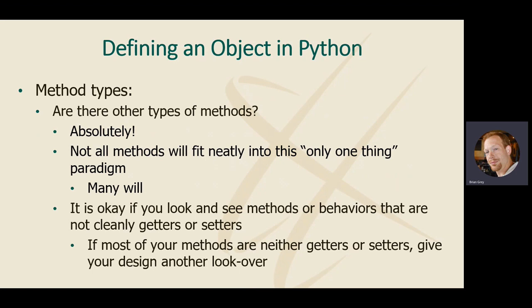Refactor means to redesign code in a way so that the outward behavior doesn't change. So I might need to refactor this class into three different classes. Who knows? But that's a little pro tip. When you're operating in a purely object-oriented paradigm, most of the time, your methods will mostly be getters and setters.